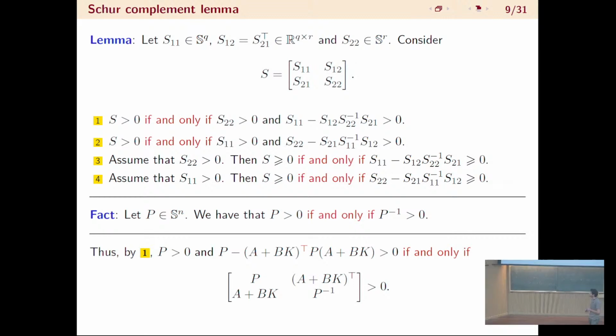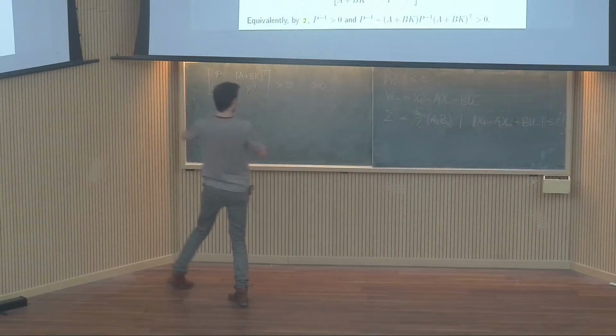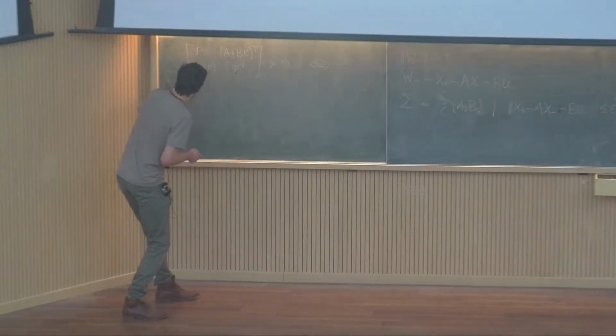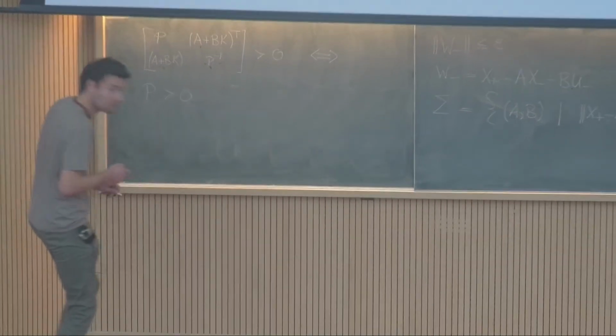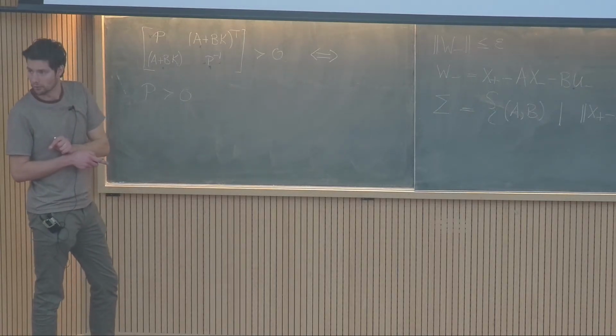My general rule of thumb is that every day I have to compute at least 5 Schur complements. So I propose that we do it once more. I now apply item 2 of this Schur complement lemma. I start again with this big matrix, the matrix S, and apply item 2. We start with the positive definiteness of this matrix. By item 2, the positive definiteness of the big matrix is equivalent to saying that P is positive definite, that's the S11 block, and the Schur complement with respect to the S11 block is also positive definite.